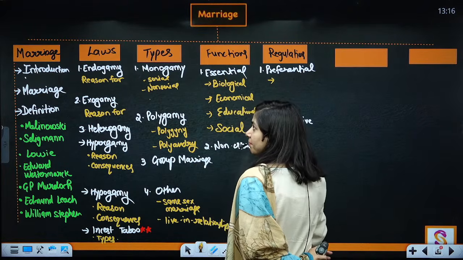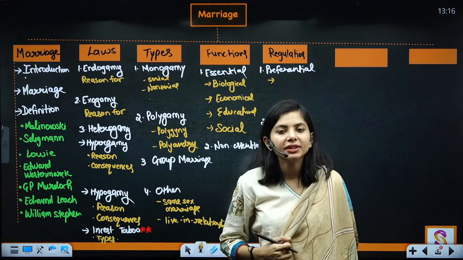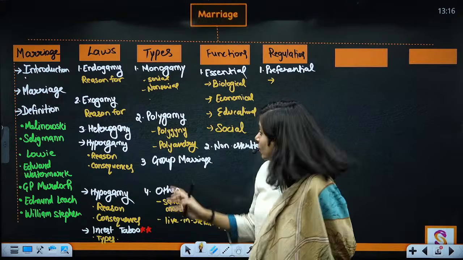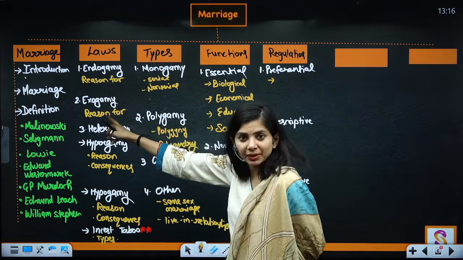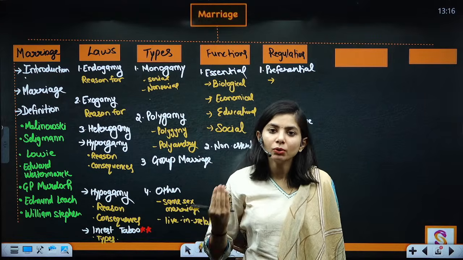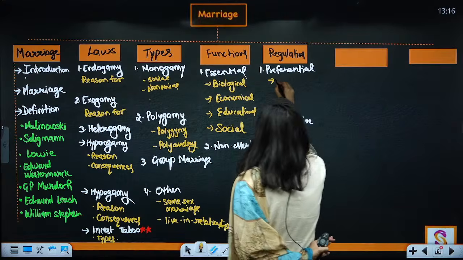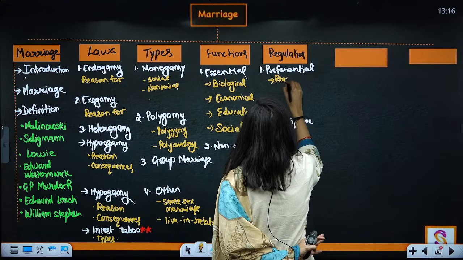In the preferential part, we have to write down exogamy. Once we are done with exogamy, here is the reason for exogamy. Now we are going to write down the reason for the prevalence of exogamy.